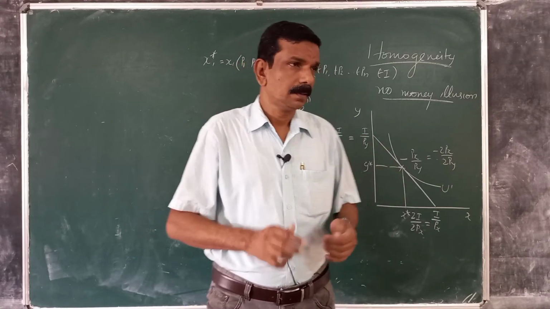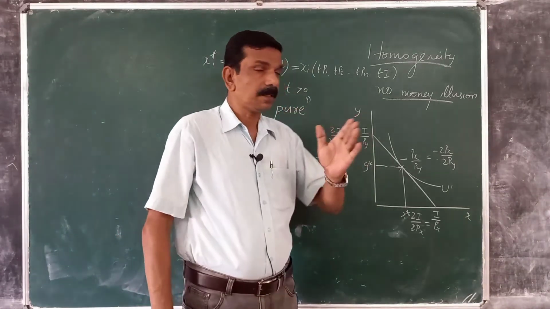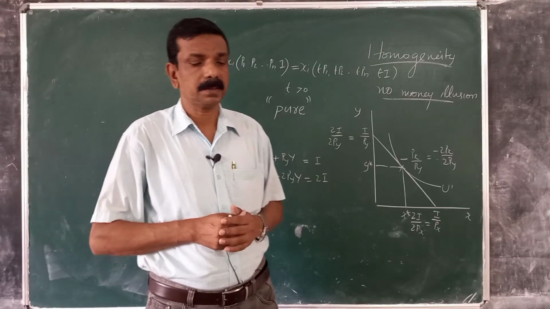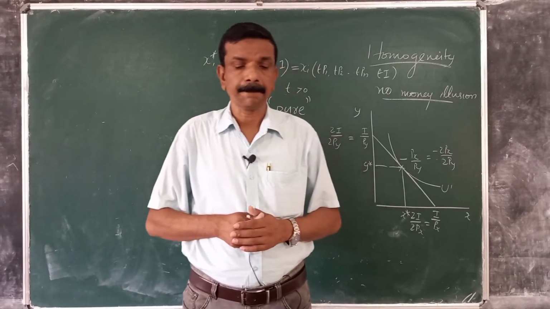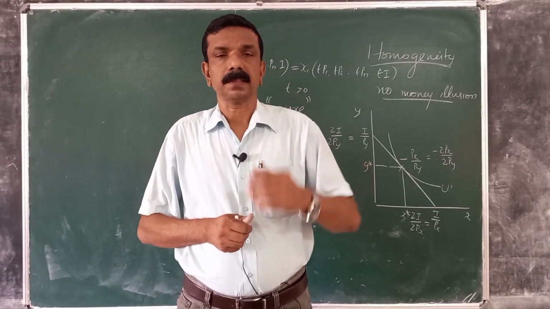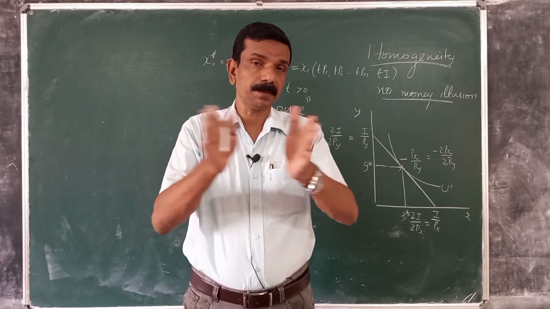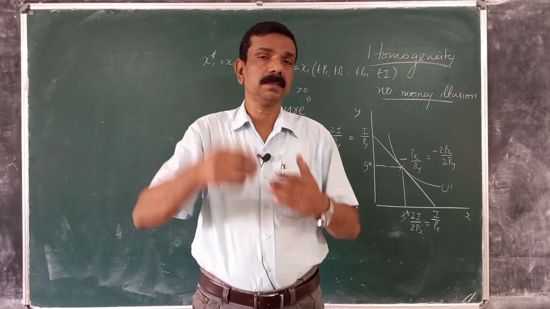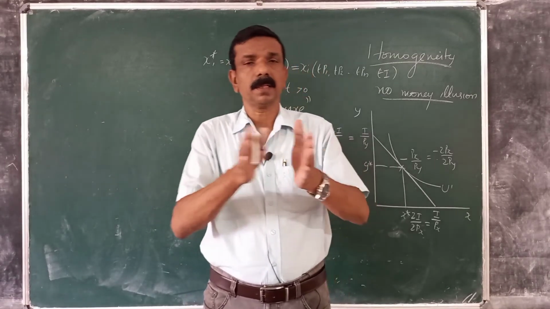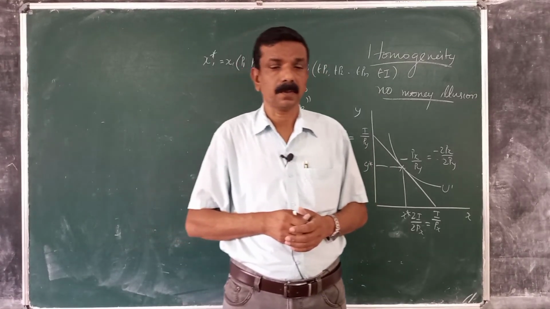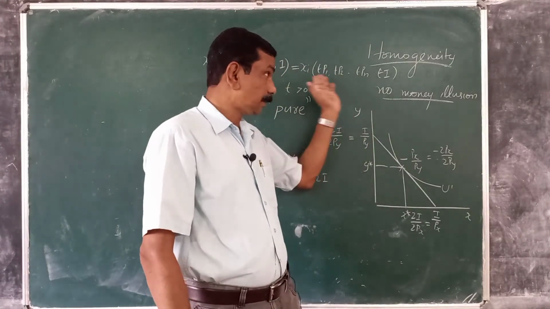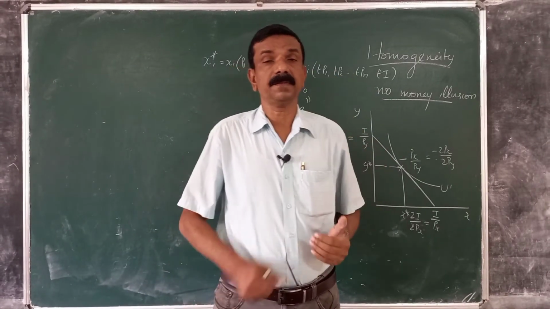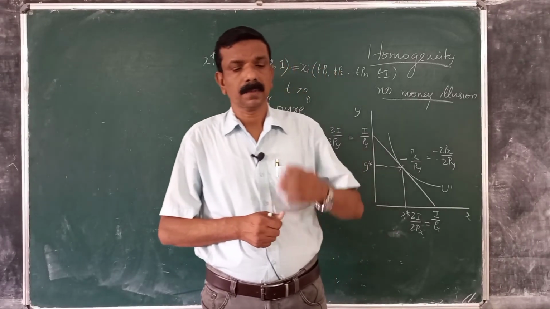But if the inflation is not pure inflation, that is, prices and income are not changing in the same proportion, you will not get such a result. So if there is pure inflation, quantity demanded is not affected. Or we will say that the demand function is homogeneous of degree 0.